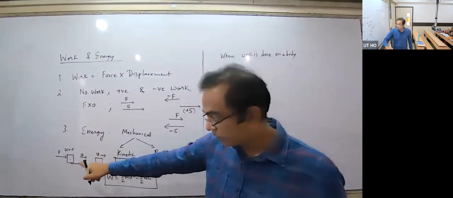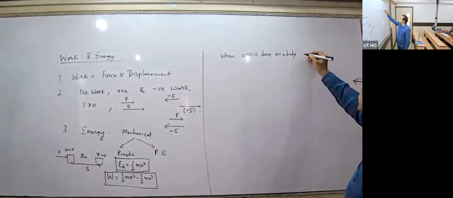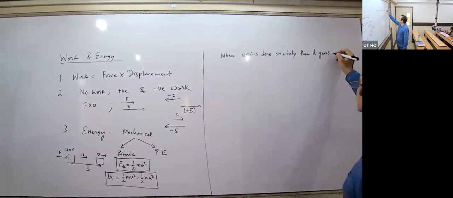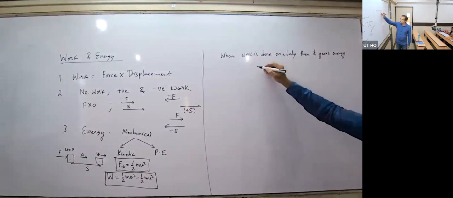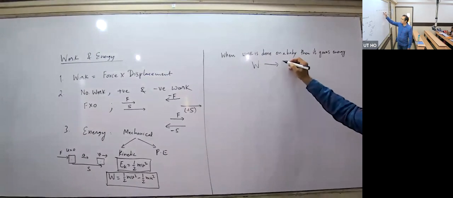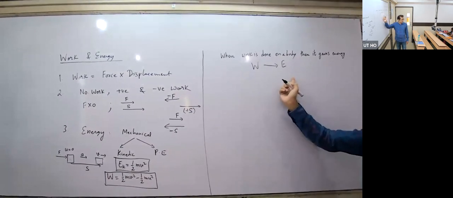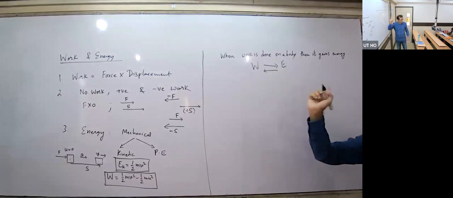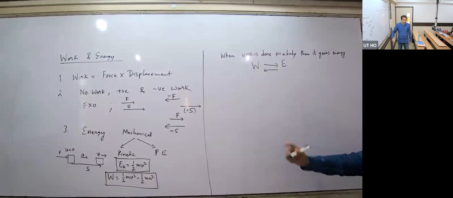That work appears as energy on the body, then it gains energy. So work gets converted into energy. And the other thing is, whenever the body has energy, it has the tendency to do work. So work and energy are interrelated.